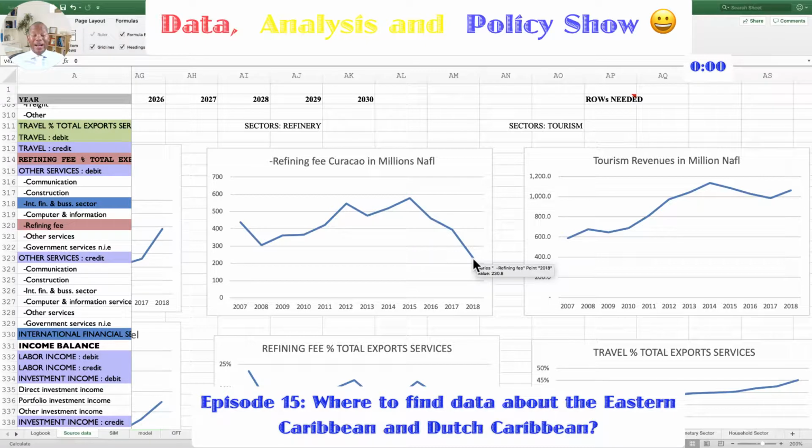So right now we have a gentleman who wants to invest in Curacao. Hopefully he can bring the refining fee back to at least 577.